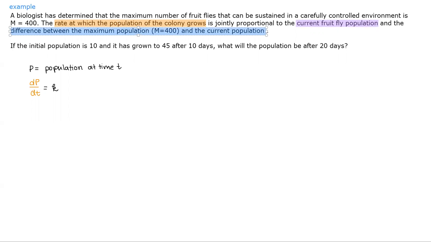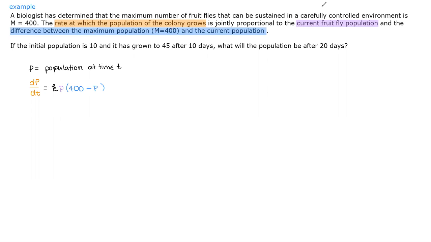That means that I'm going to need to include two terms here. I'll have one term that will be the current population, and the other term is the difference between the maximum 400 and the current population. So here I'm going to write that as 400 minus P.